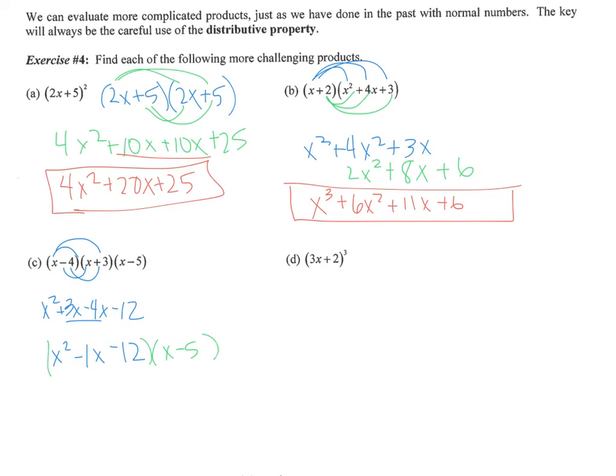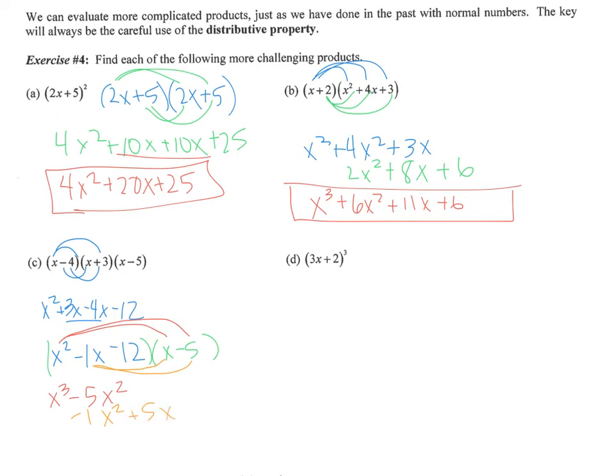So x squared times x is x to the third. X squared times negative 5 is negative 5x squared. Then we have negative 1 times x. Negative 1x times x is negative 1x squared. Negative 1 times negative 5 is positive 5x.